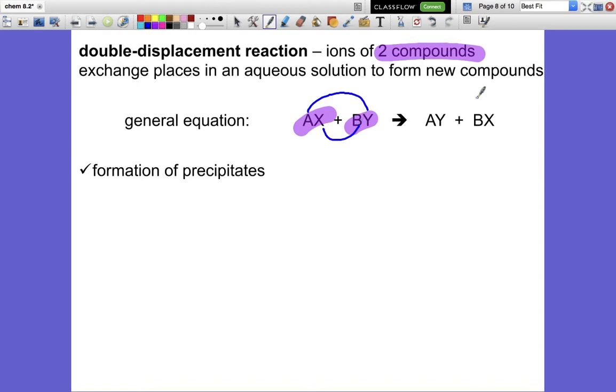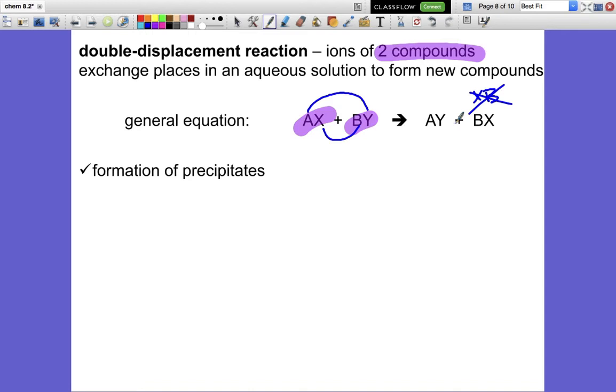Some people end up writing XB over here, but that's not right. You're supposed to have BX. The metal always comes first. So make sure you write it correctly. But you're just flip-flopping the partner that that element has from one side of the equation to the other. So these reactions are fairly simple. It's pretty easy to follow along with, or it should be.